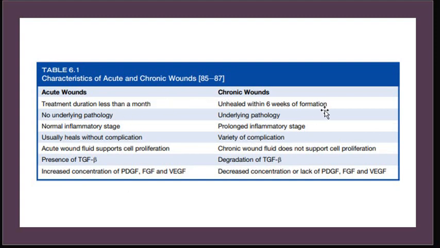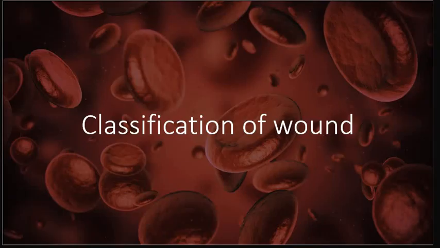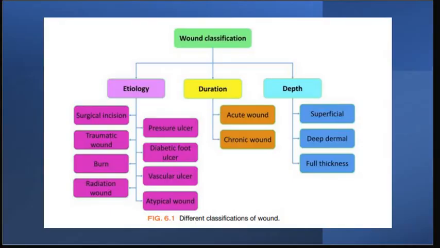But a chronic wound takes more than 6 weeks to heal, due to some underlying pathology, and there is a prolonged inflammatory stage, and there is a high chance of complications as well. This inflammatory stage and these complications lessen the amount of healthy growth factors and proteins that help in wound healing. So this is overall the classification of the wound, and that's all about this. Thank you so much.